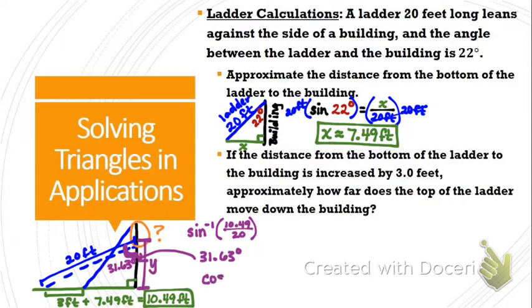Okay, so we do cosine of 31.63 degrees equals what? Y over what? 20. Because that hypotenuse stayed 20 feet. The ladder stayed 20 feet long. So then how do I find y? Yep. Multiply both sides by 20 feet.